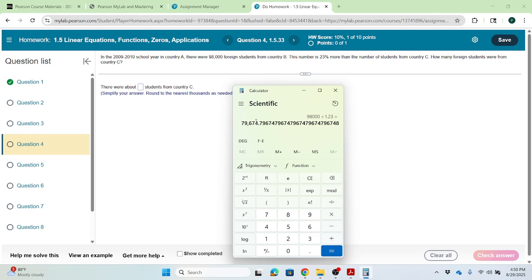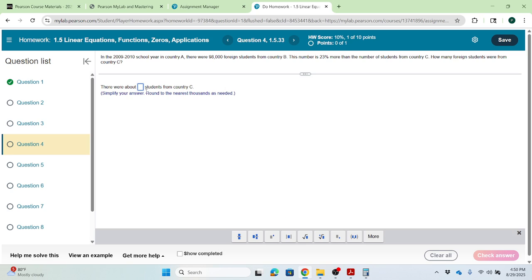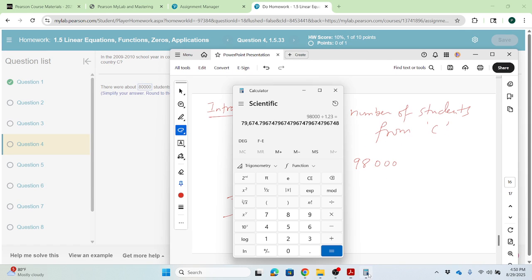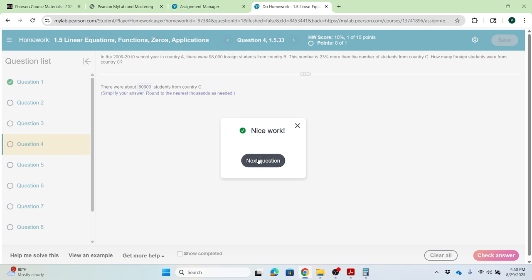So what is the nearest thousand? 79,674 is supposed to be 80,000, because that is near to 80,000. The answer is 79,000 and then this number 674, if it's 500 or more, goes to the next thousand. That's why it's 80,000.